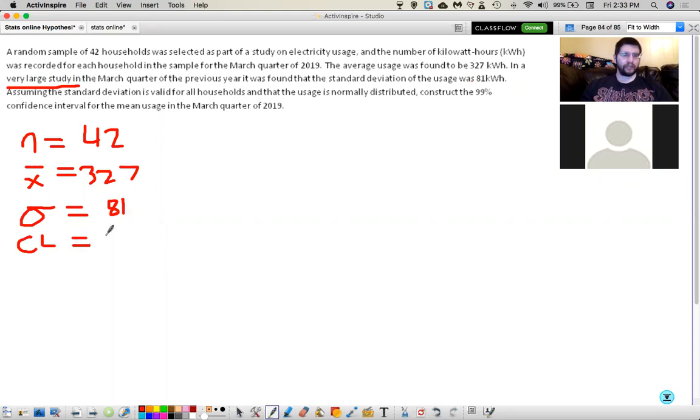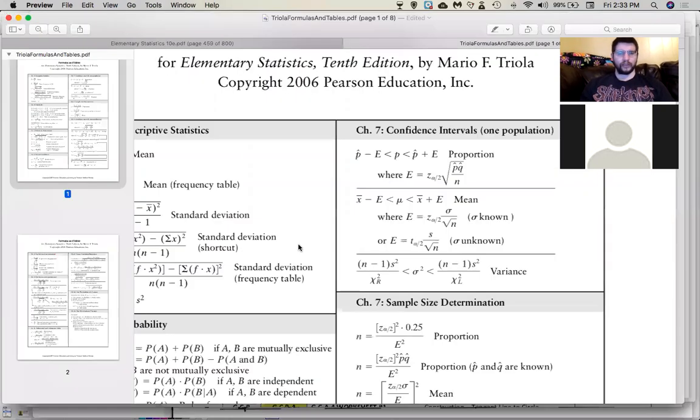Confidence level is 99%. So alpha over 2 is 0.005. 0.01 divided by 2 is 0.005. So now, look at your formula sheet.